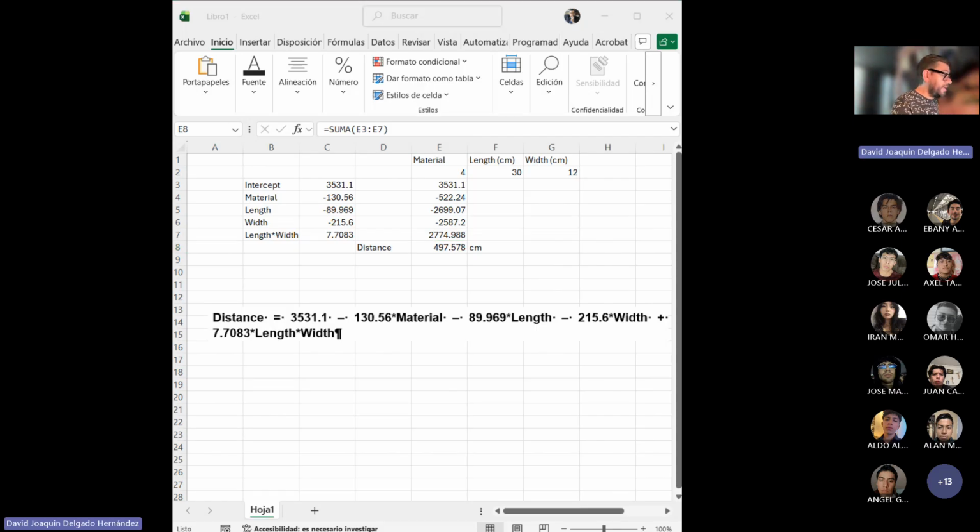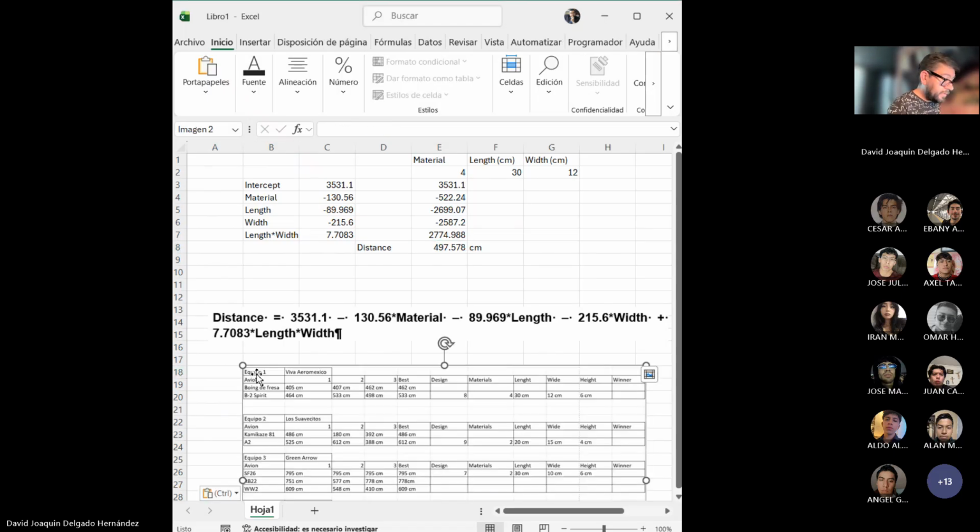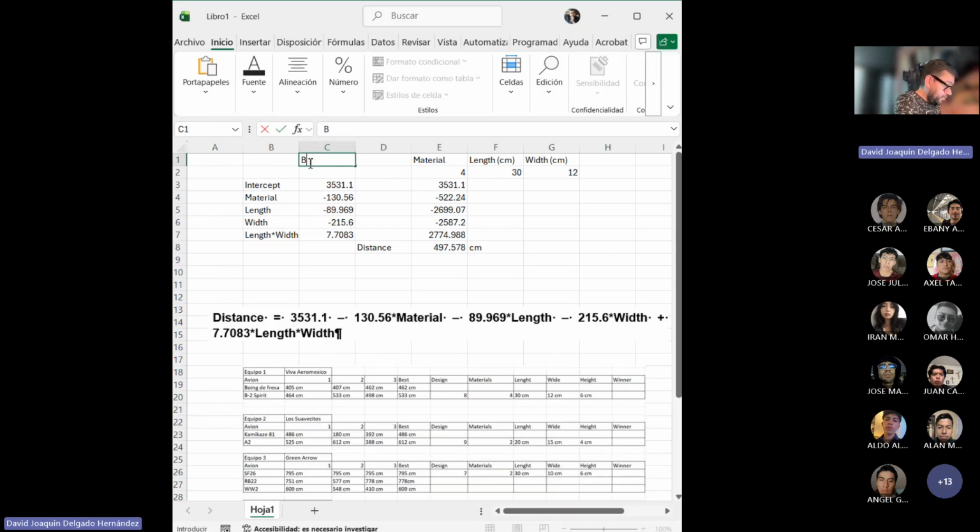Let us check. So I am going to put this table here. This is the original table, okay? So this B2 spirit was made with the material number 4.